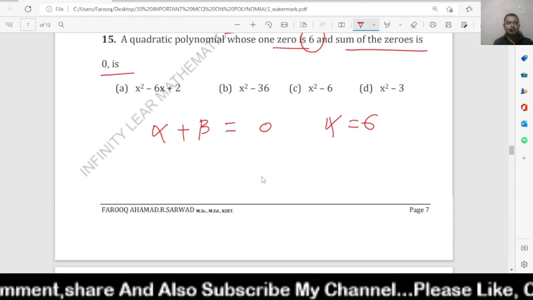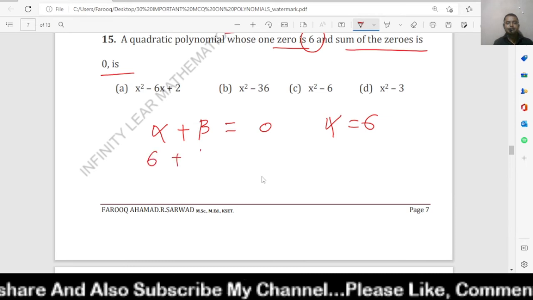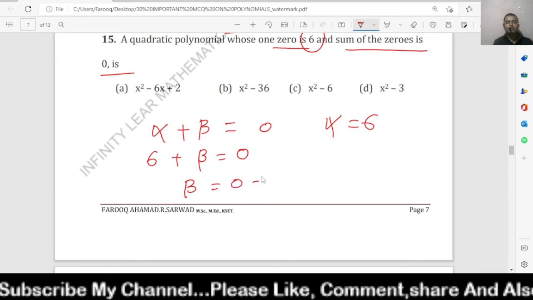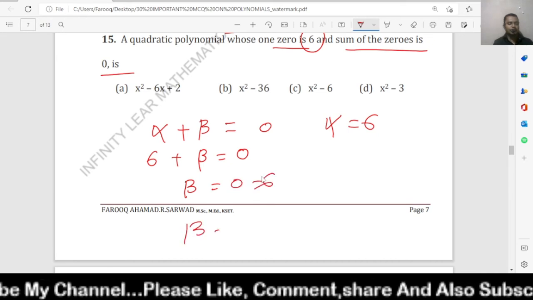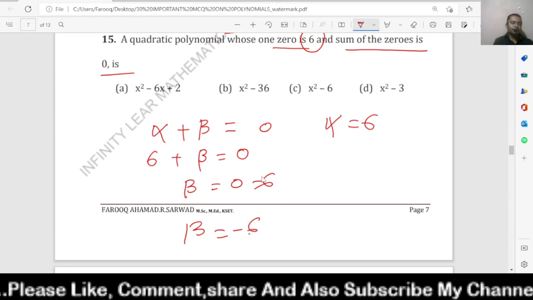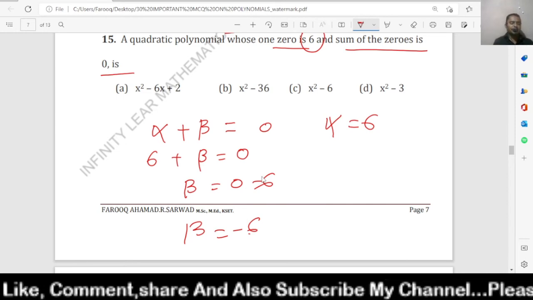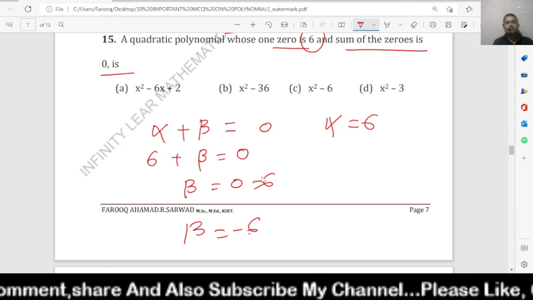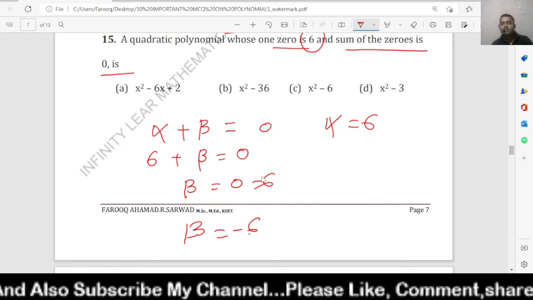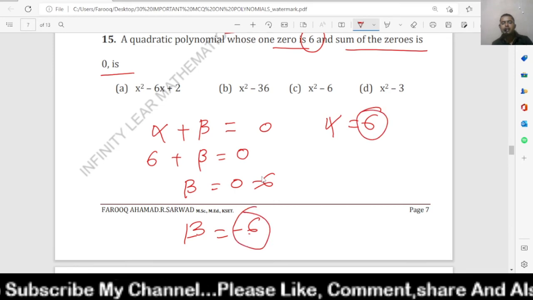Now 6 plus beta is equal to 0. Now beta is equal to 0 minus 6, beta is equal to minus 6. The number when we add to 6 will give us 0 is minus 6. So the factors of this, one value is 6 here, and another is minus 6.